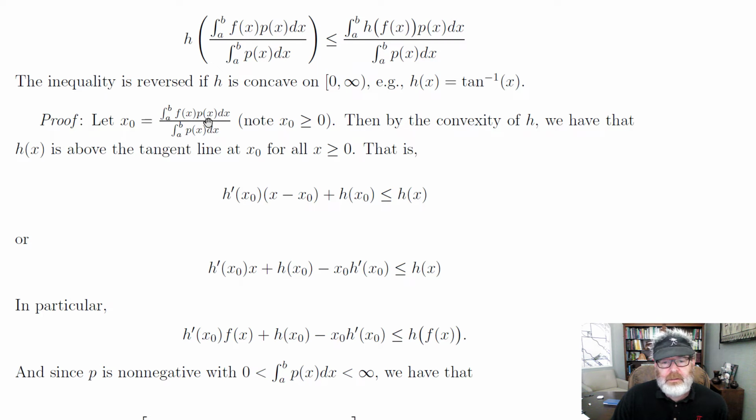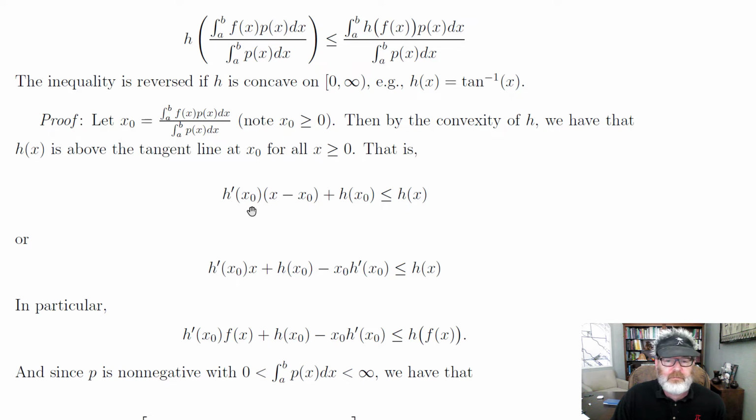And since p and f are non-negative, this will be greater than or equal to 0. And since h is convex, you can look up or verify that a convex function is always above its tangent line. So h will be above the tangent line at x naught for all x greater than or equal to 0.